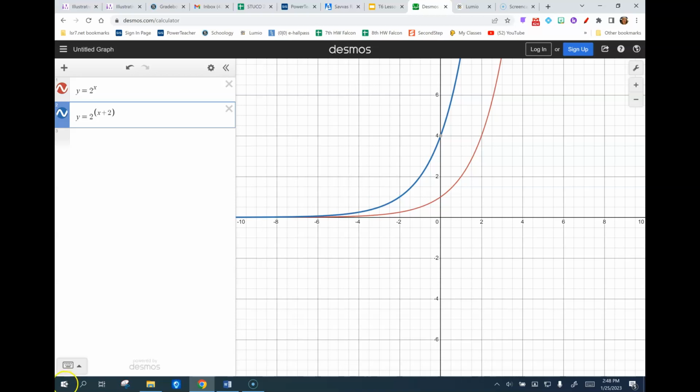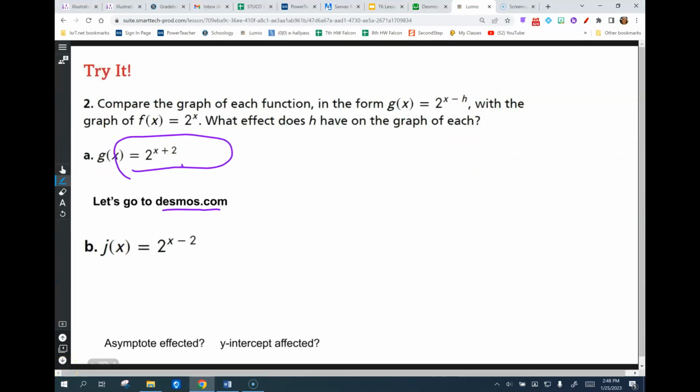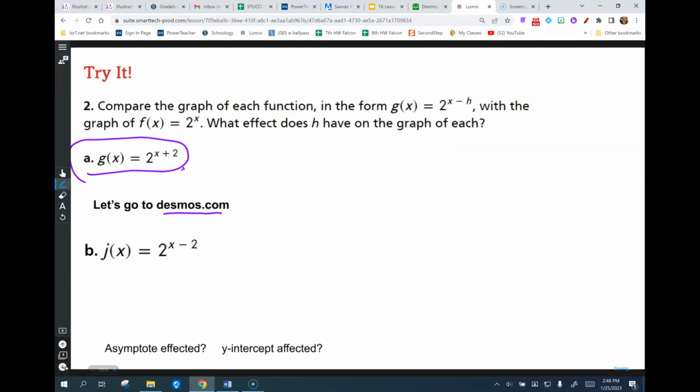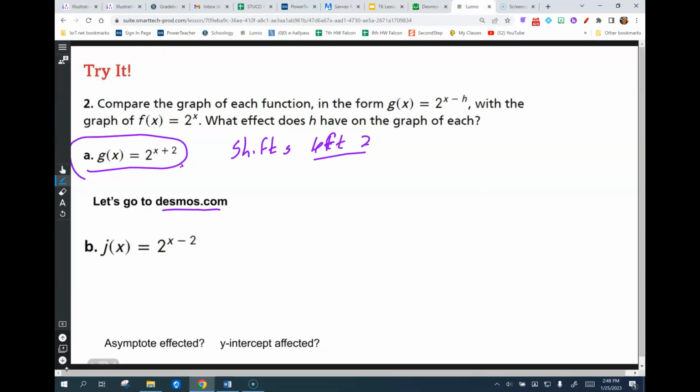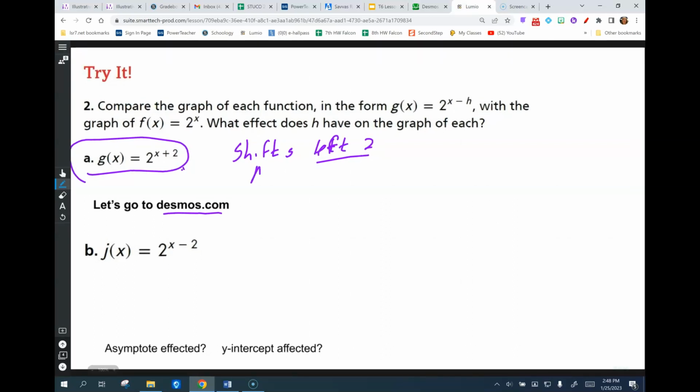Okay, let's go back to our notes. So let's look at this function now, and let's make comments about what's happening here. So we know that it had a shift. It shifts left 2 places, right. Did my asymptote change? No, it did not. So my asymptote is still what it was before.